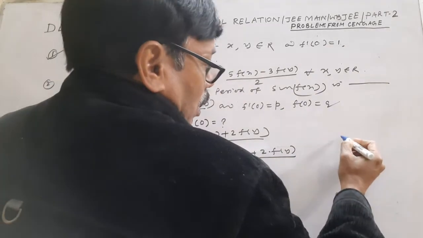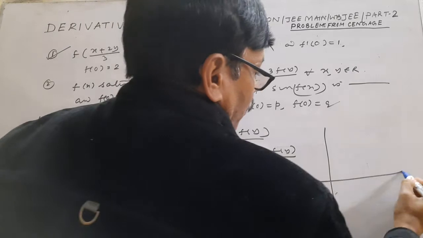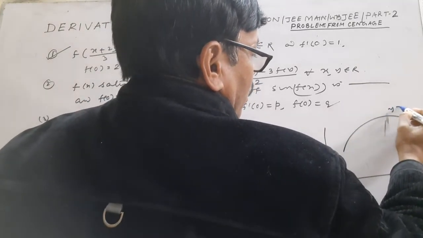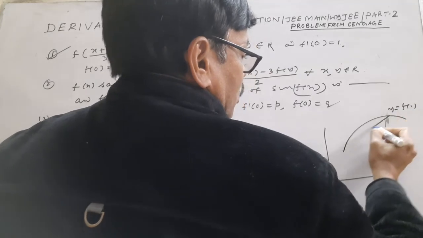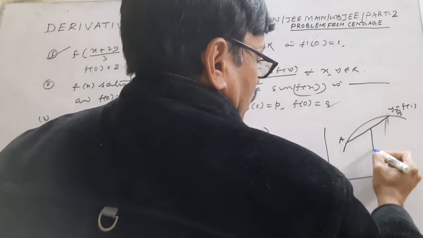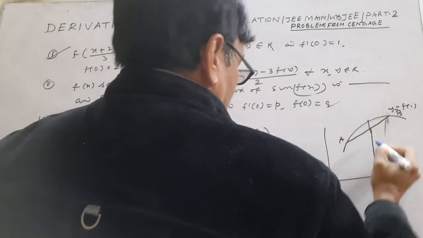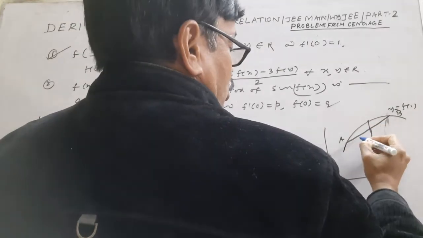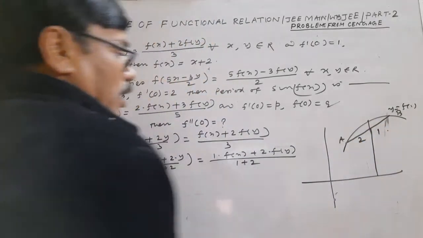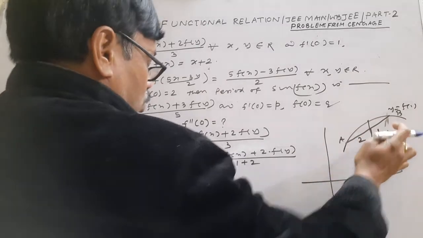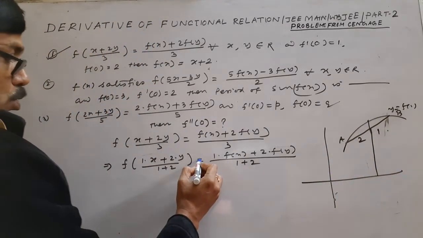We have already discussed this. If we take y = f(x), so this is A and this is B, then this divides in the ratio 2 is to 1.